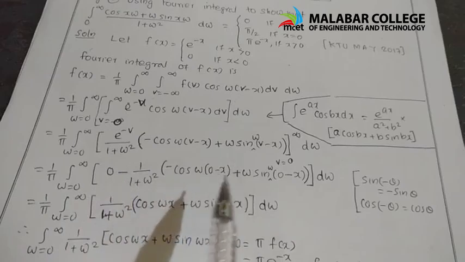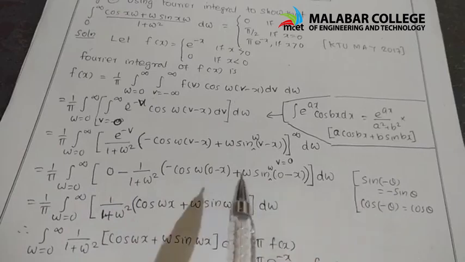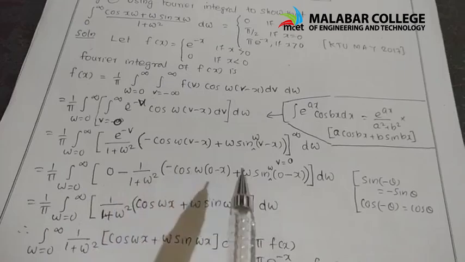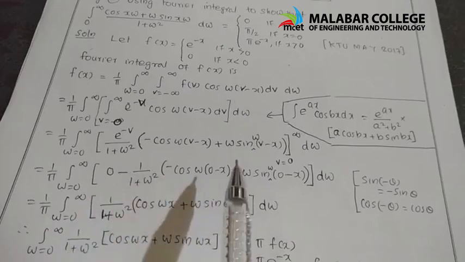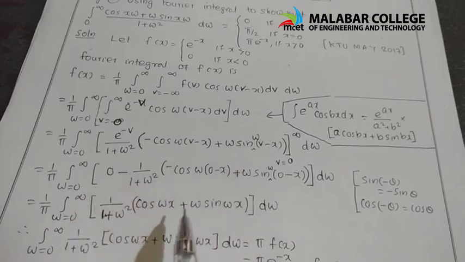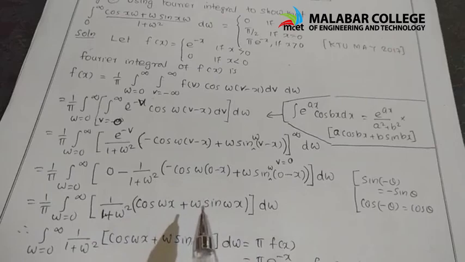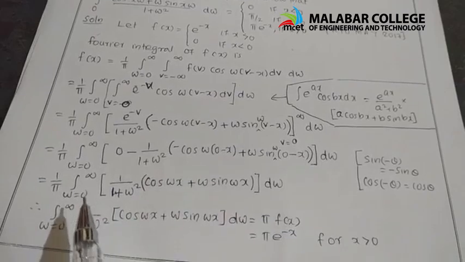And we know that cos minus theta is cos theta, and sin minus theta is minus sin theta. So this term is negative here, but I have to multiply negative into negative, so negative into negative is positive. So I will get 1 by 1 plus omega square, cos omega x plus omega sin omega x, d omega.